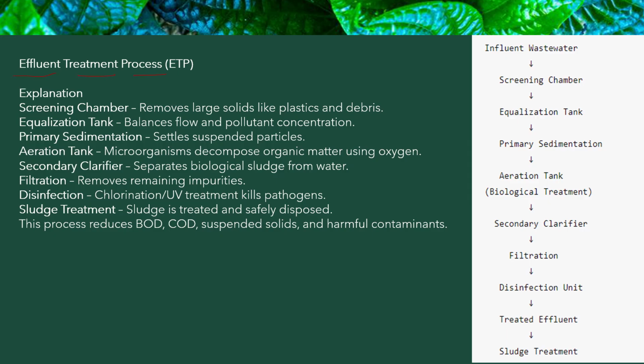Effluent treatment process. Now let's understand this in detail. Earlier we had only taken an overview. Now let's see each process. A screening chamber removes large solids like plastics, debris. Equalization tank balances flow and pollutant concentration. Primary sedimentation settles suspended particles.